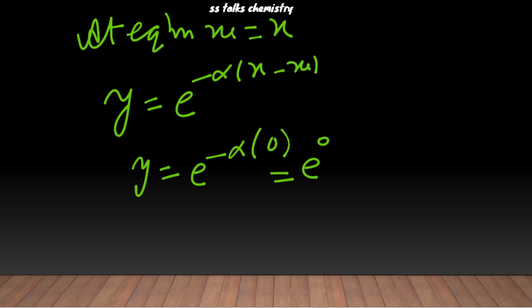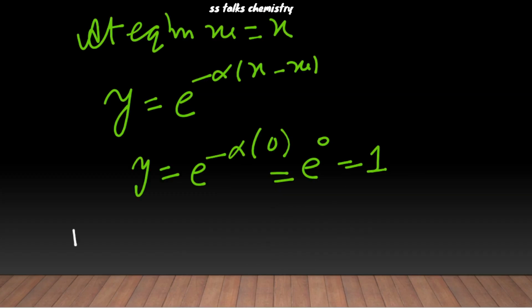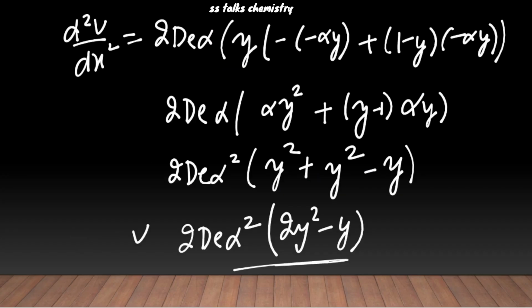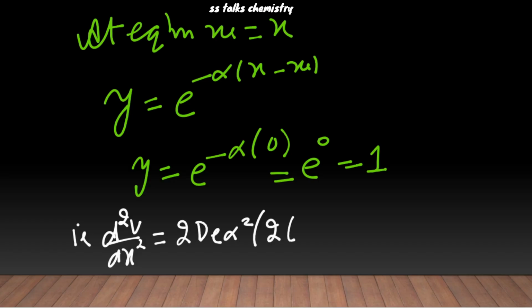So e raised to the power of 0, it will be 1. So y value we are getting as to be the 1. So that means this value it will become, that is d square v by the d of the x square. This is gonna be 2dE into the alpha square into the 2 times the 1 square minus of the 1.